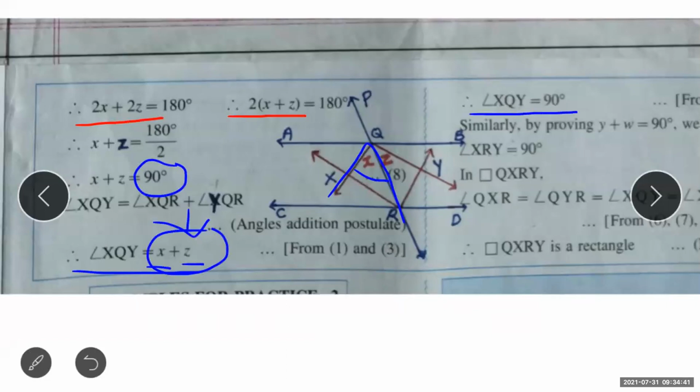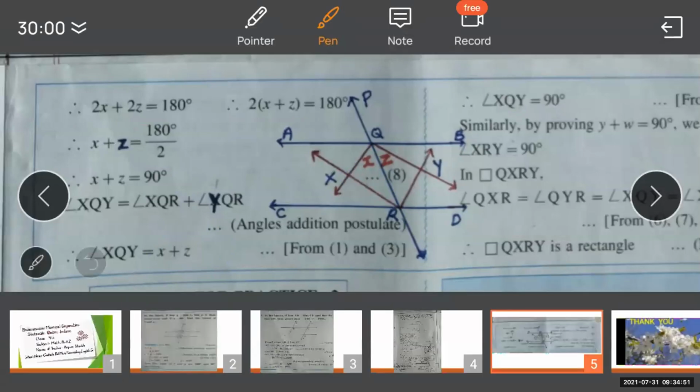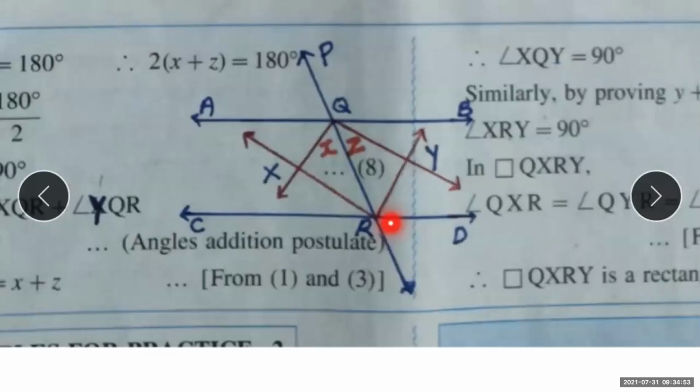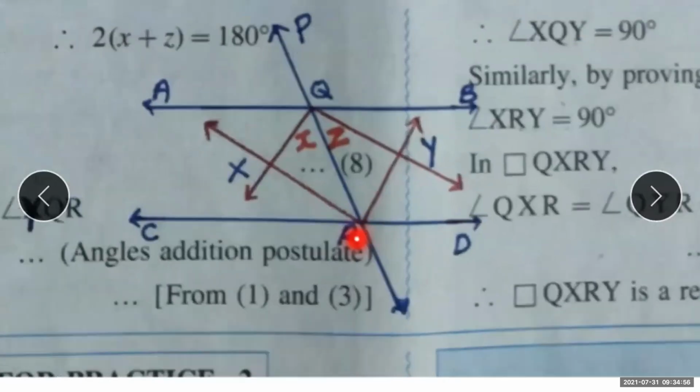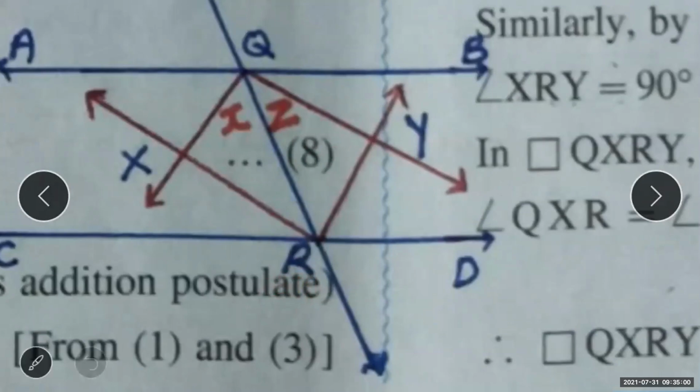90 degree. Okay. Now see, for this quadrilateral, one second. Now see, for this quadrilateral, what was the quadrilateral?